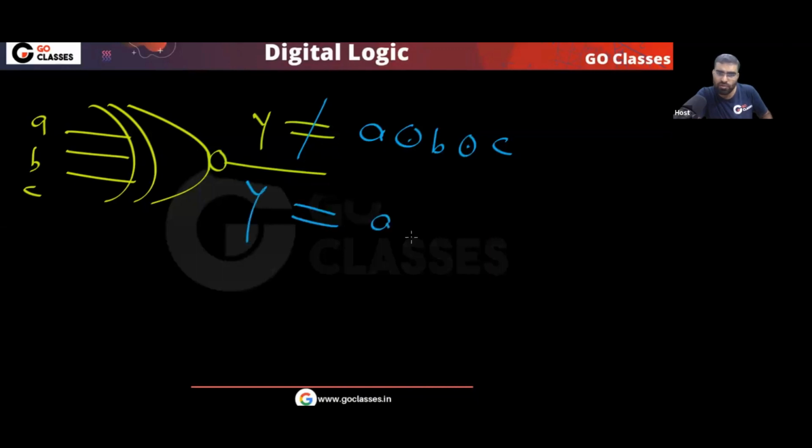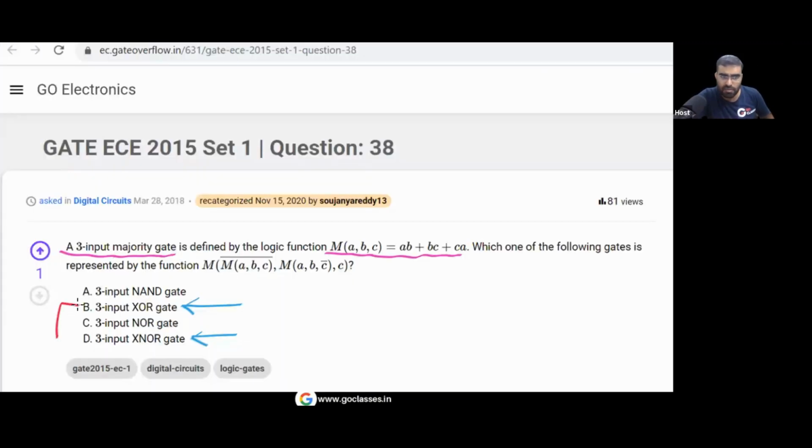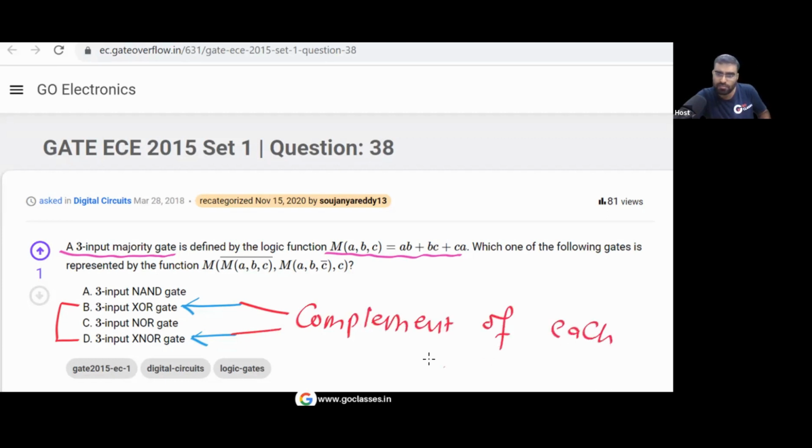This Y is actually equal to the complement of XOR. So this is the point. Remember, these are different. These two things are complement of each other.